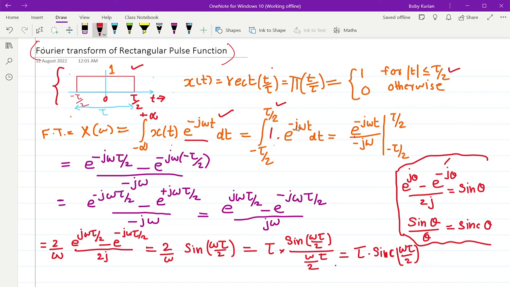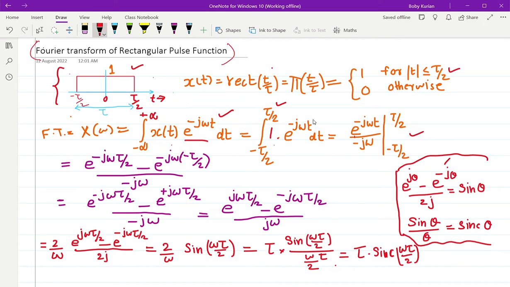Now we have to integrate it. The integral of e power minus j omega t is very simple: e power minus j omega t by minus j omega, with the limits of integration from minus tau by 2 to tau by 2.